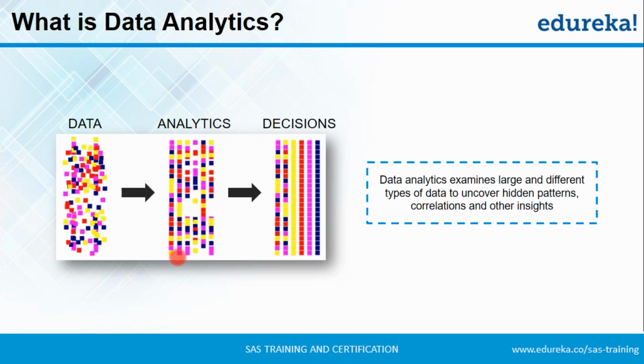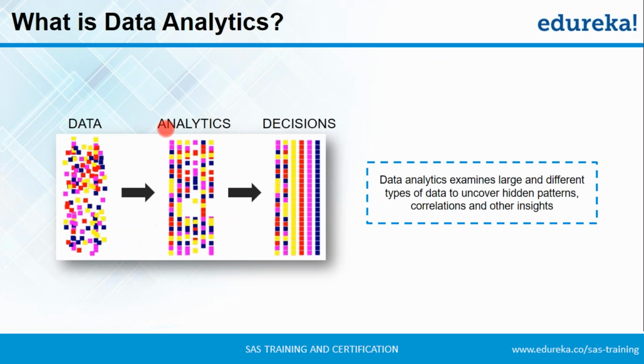Now your job is to analyze or read the facts that analytics provides you, and then come up with decisions, right? Then you come up with decisions, and then it becomes all sorted. So this is a large data set. Maybe this is something that you have taken from social media, from different sources, and you have dumped all of that in one particular place, and now you want to analyze it, right? So you would employ an analytics tool. That analytics tool will try to read this data and make sense out of it.